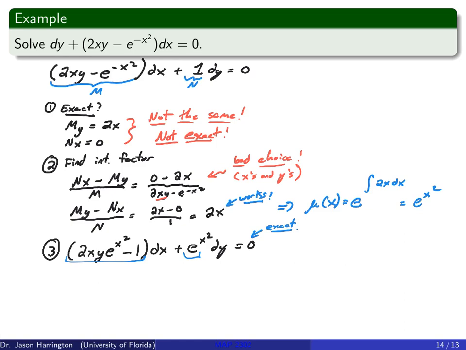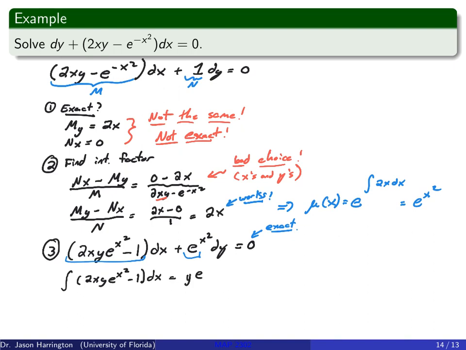So next I'm going to find a function that satisfies both of these conditions. I have 2xy e to the x squared minus 1 dx. For the antiderivative of the first term, I can just use u-substitution with u equal to x squared, and the derivative of x squared is just 2x, so that's pretty nice.